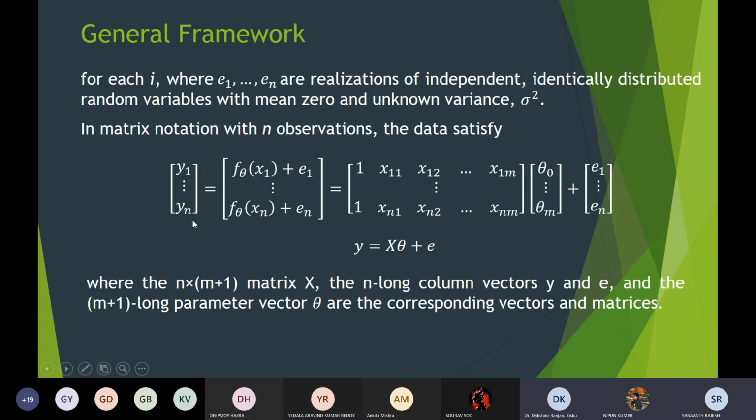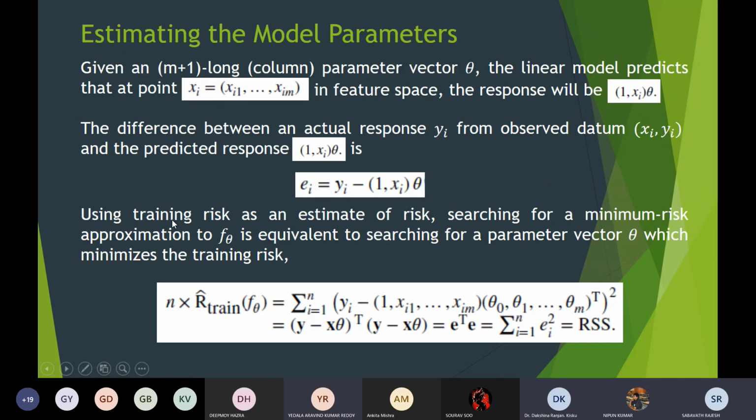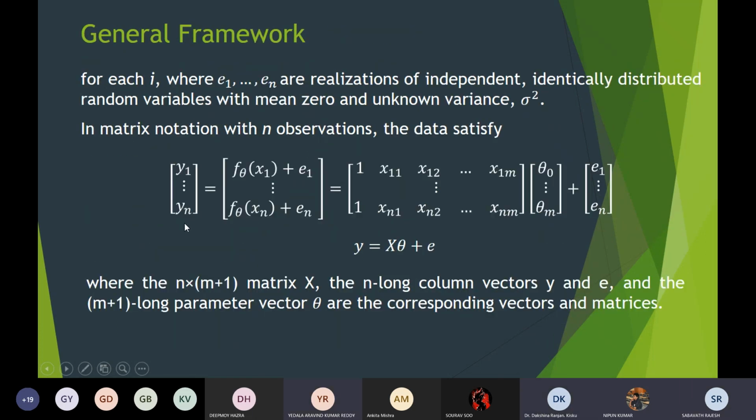That means there will be n dependent variables, n explanatory variables, and n errors, or n losses, generated from the regression model.